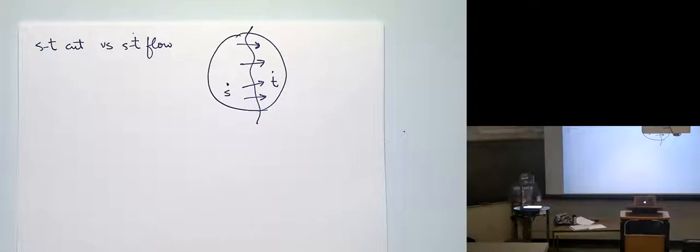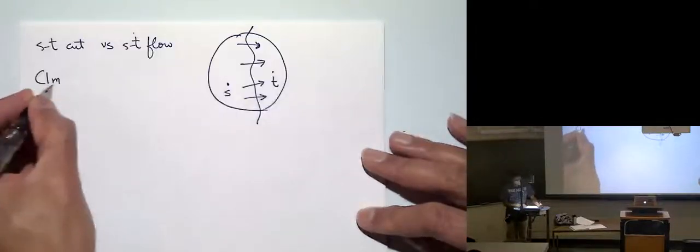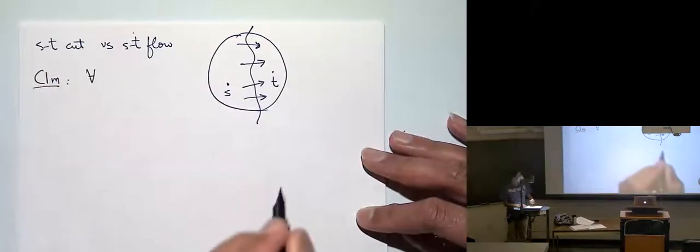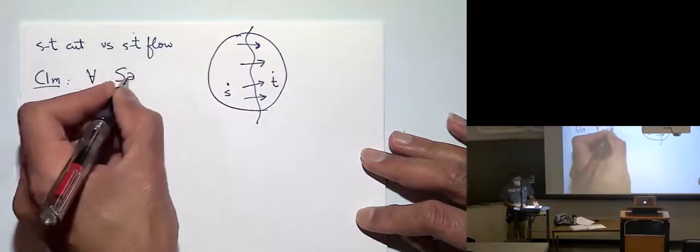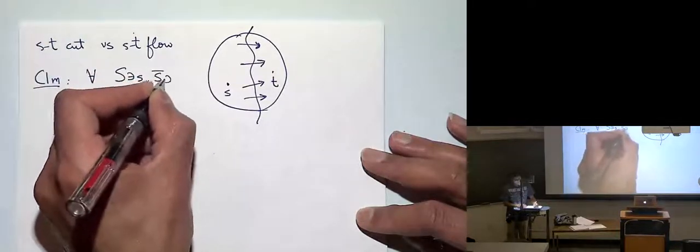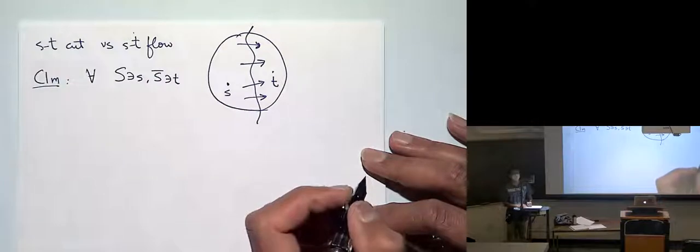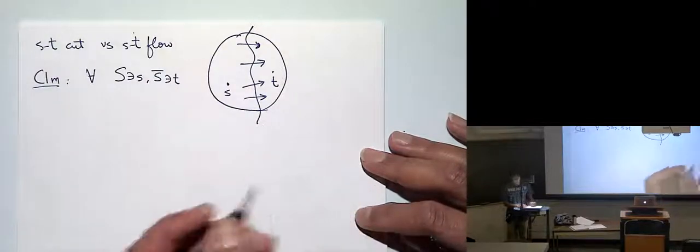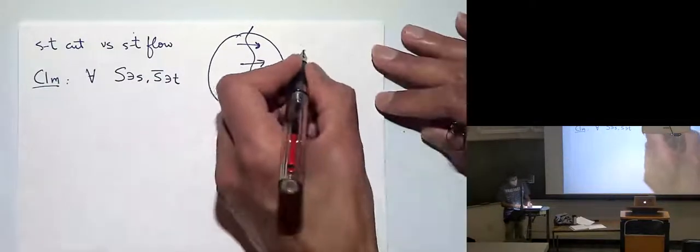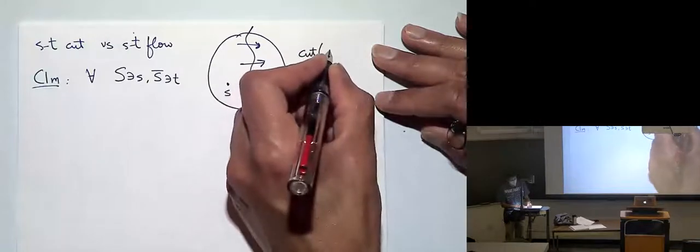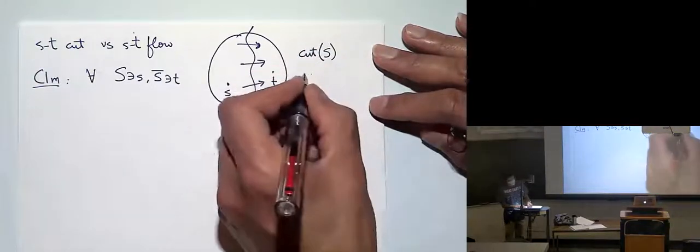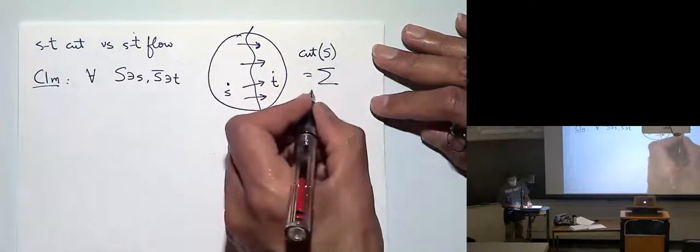So what this says is, the claim is, for all S that contain S, with S complement containing T. Let me just define the cut value of S to be equal to this quantity.